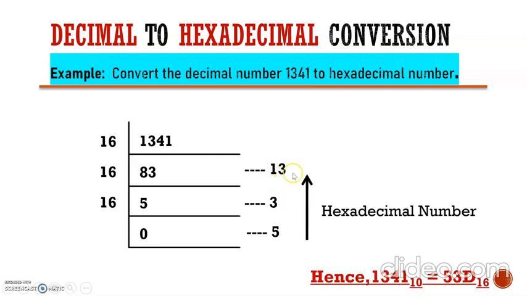Make sure you change that to the correct symbol in hexadecimal number. As we have seen earlier, 10 is represented by A, right? 11 is represented by B, 12 C, 13 is D. So the answer now is 5, 3, D.